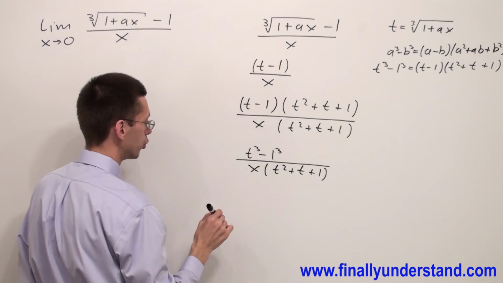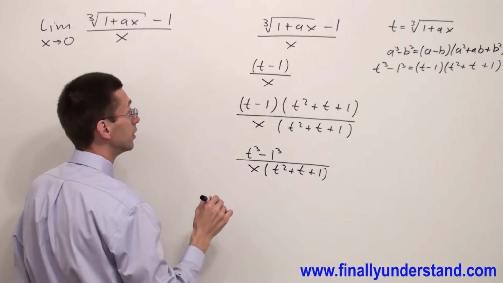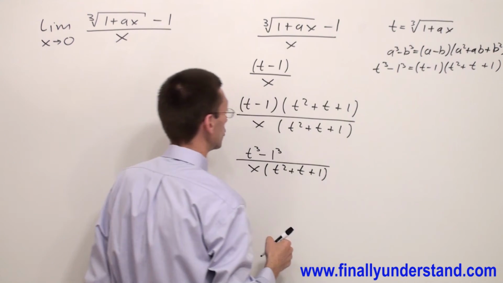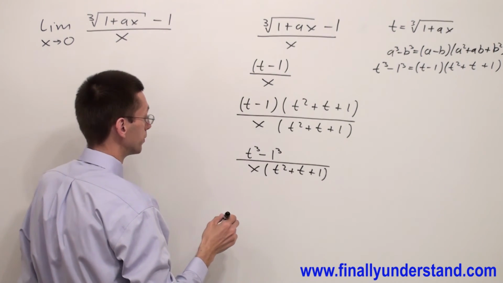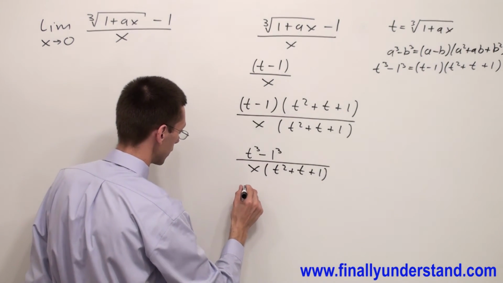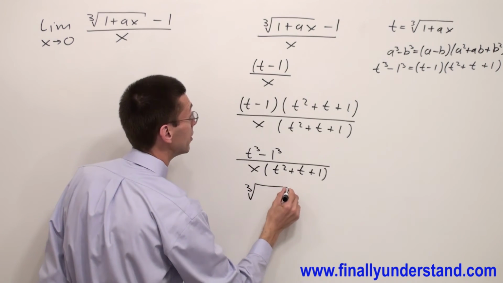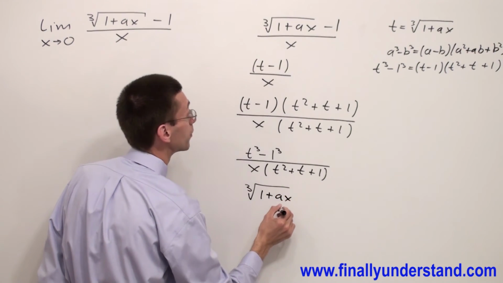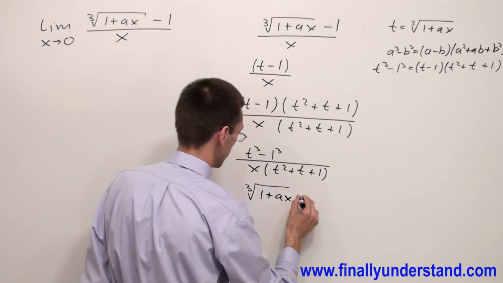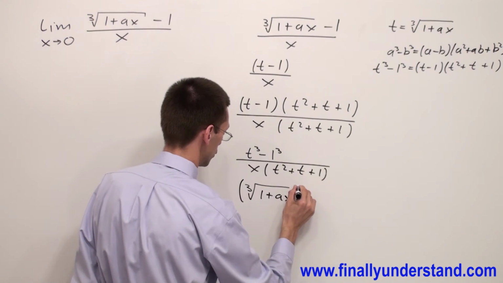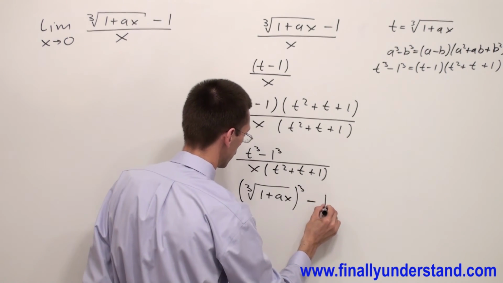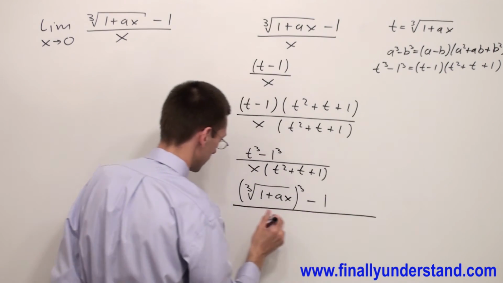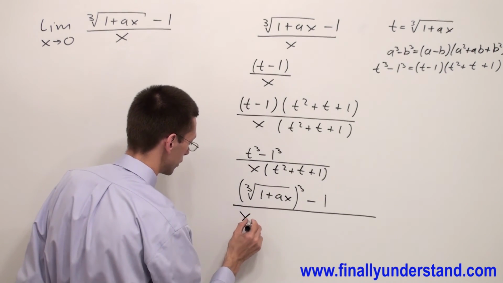Now I'm going to replace the t by the original expression, which was cube root of 1 plus ax, to the third power minus 1, because 1 to the third is 1, over x.